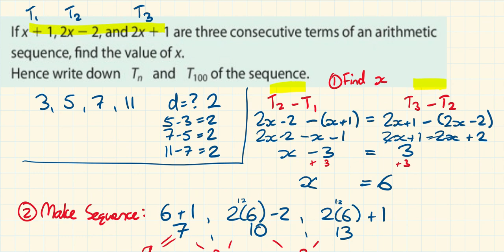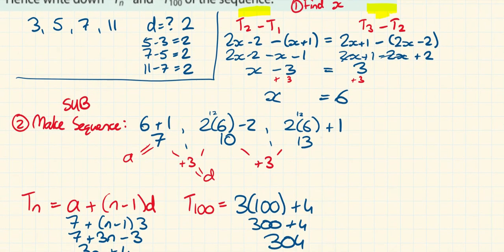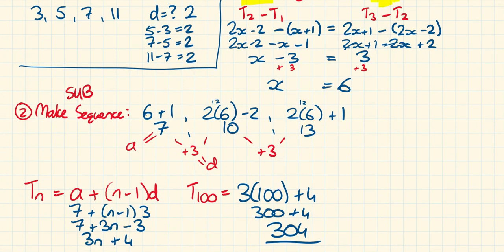So the second one minus the first one, and the third one minus the second one. And then you work out what x is, then you sub them back in. So to make the sequence, you sub them back into the original. And then once you find your A and D, it's very easy to find your Tn and your T100 or whatever number you're given.